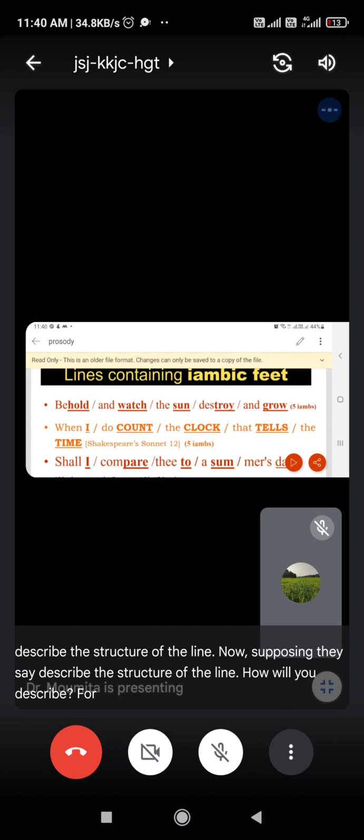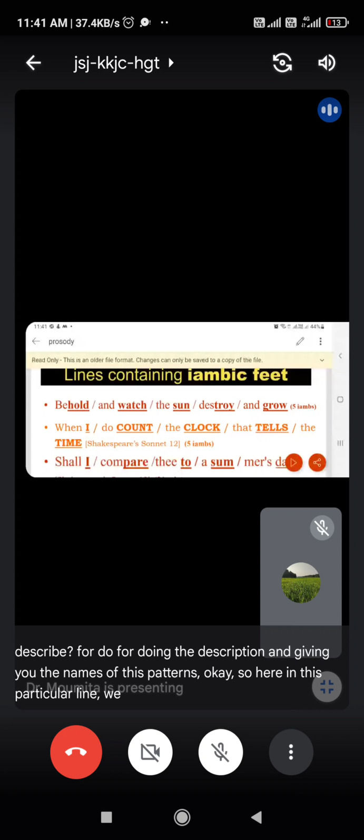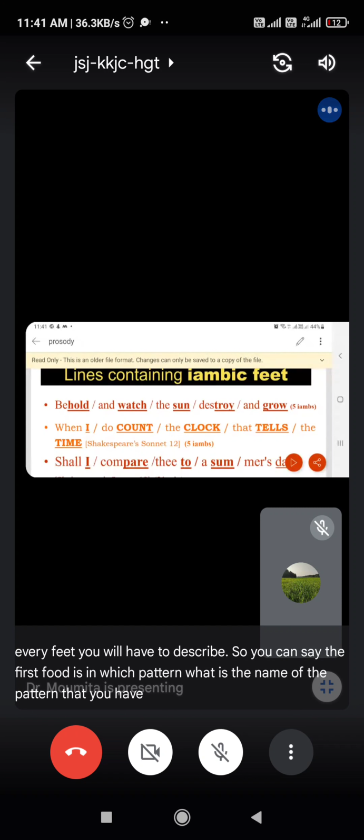For doing the description, I'm giving you the names of these patterns. Here in this particular line, we said there are 5 feet. Very good. Now, every foot you will have to describe. So you can say the first foot is in which pattern? What is the name of the pattern that you have seen?